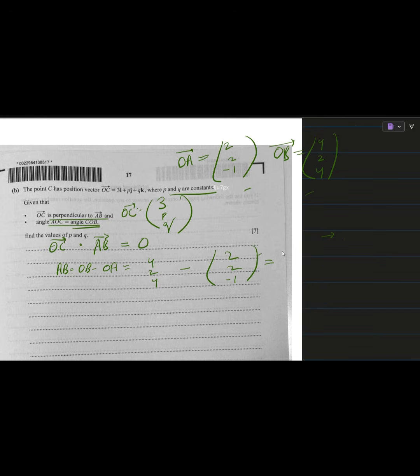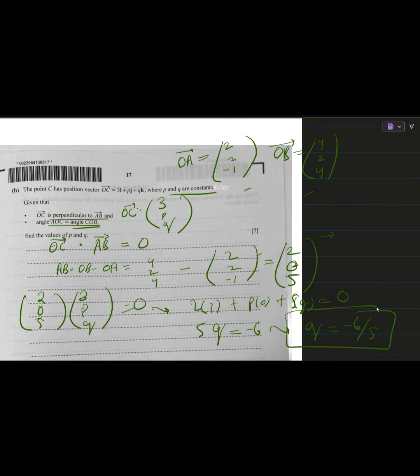So AB will be equal to (2, 0, 5). So the scalar product of (2, 0, 5) with OC, which is (3, P, Q), will be equal to 0. We can rewrite this as 2 times 3 plus P times 0 plus 5 times Q equals 0. So 5Q will be equal to minus 6, and Q will be equal to minus 6 over 5.